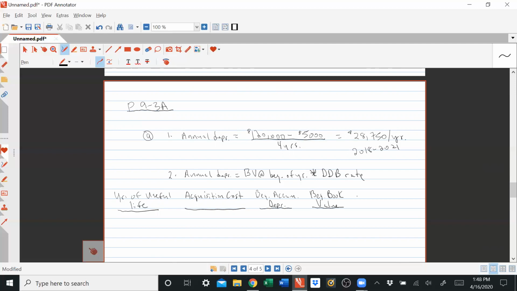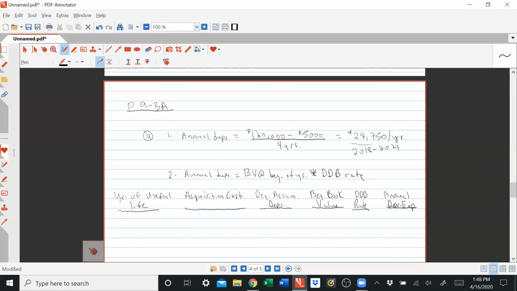And then the DDB rate, which doesn't change. That's always the same. And then finally, the last column is the annual depreciation expense, which is what we're trying to get, right?